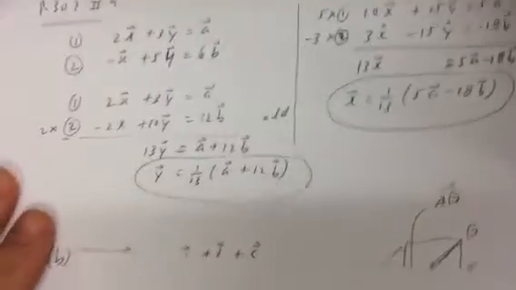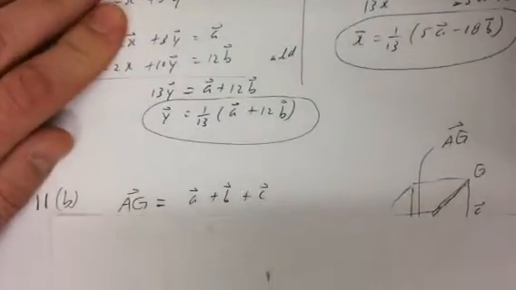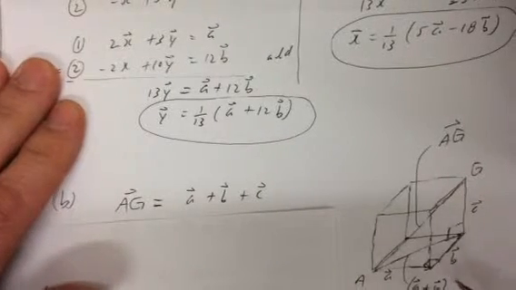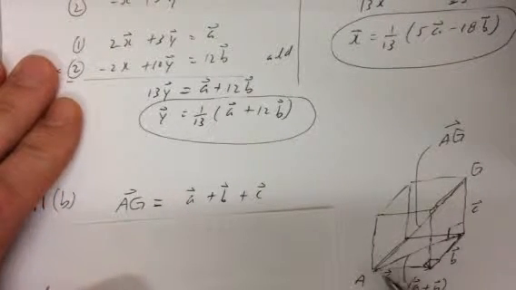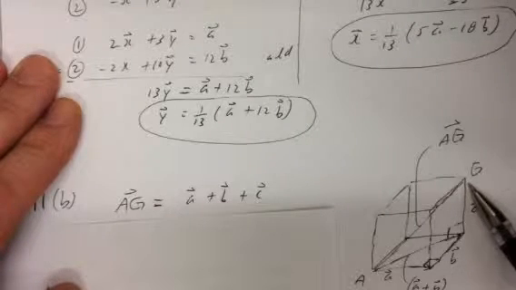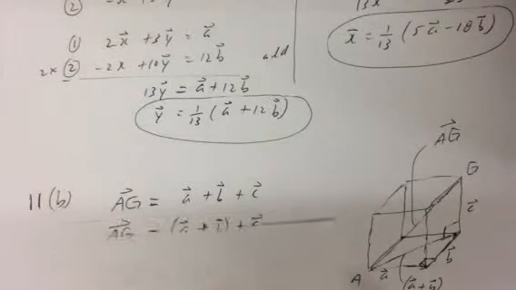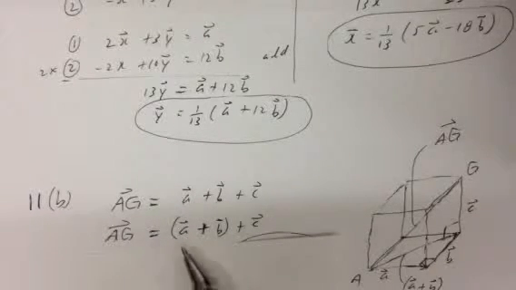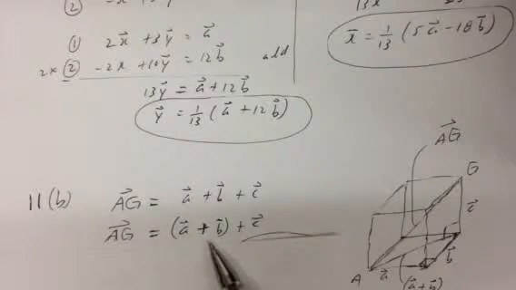So AG is equal to a plus b plus c in terms of vector addition. Okay, I can break that into a plus b, put brackets around there, plus c.